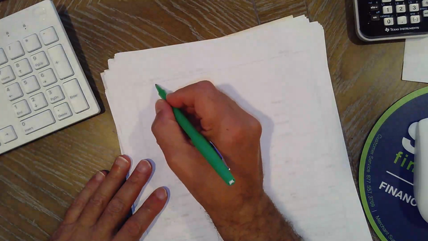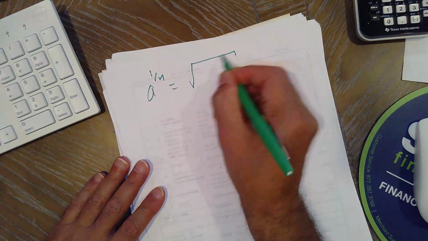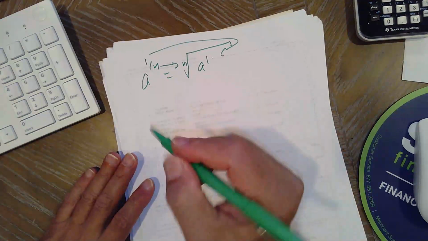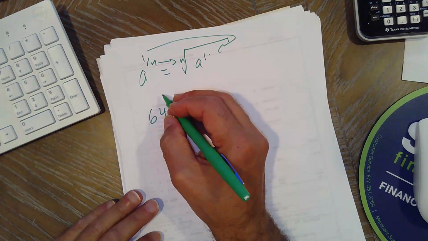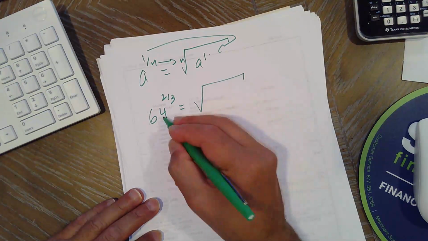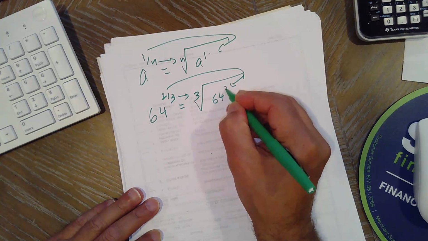So just like when we have 1/n, the bottom is the index and the top is the power. So same thing with any fractional exponent like 64 to the 2/3. To evaluate this, the bottom is the index and the top is the power.